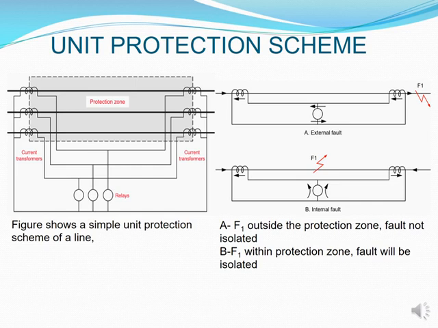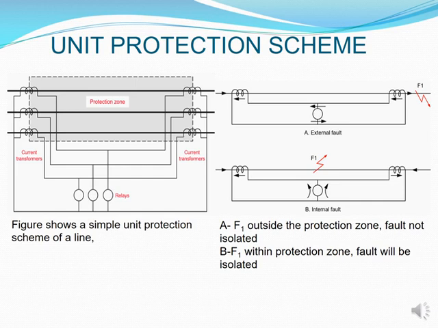If you happen to have a fault that is outside these CTs, in other words, falling outside what you see as the boundary of the protection zone, as in point A on your right hand side, where you have that F1, you can see that it's external to where your CTs are.